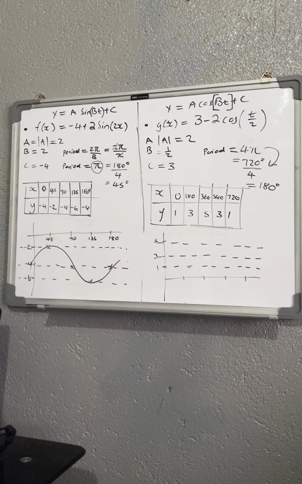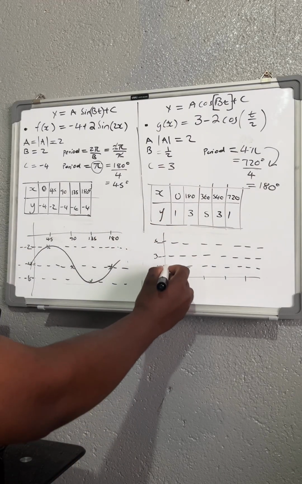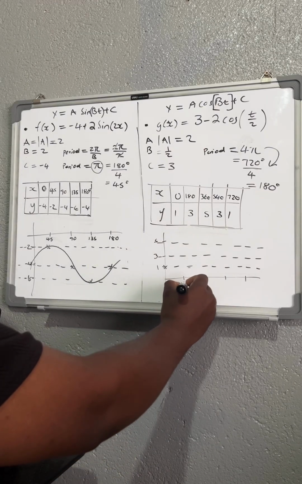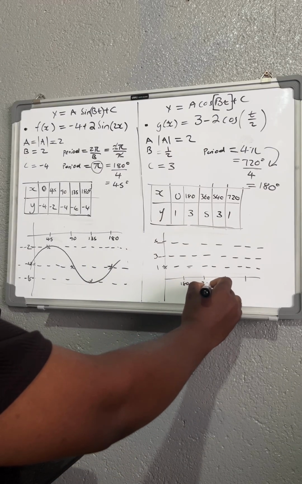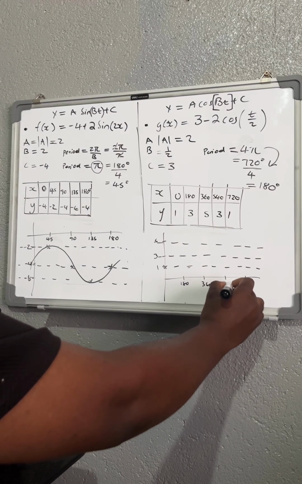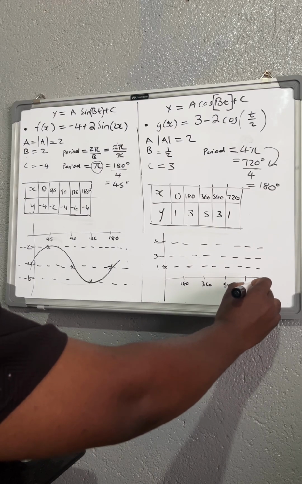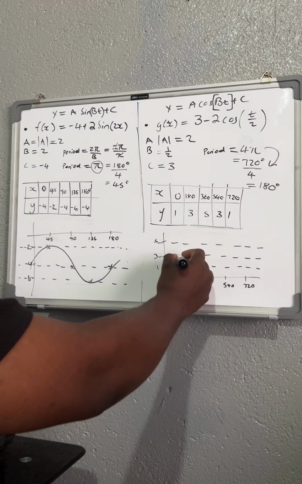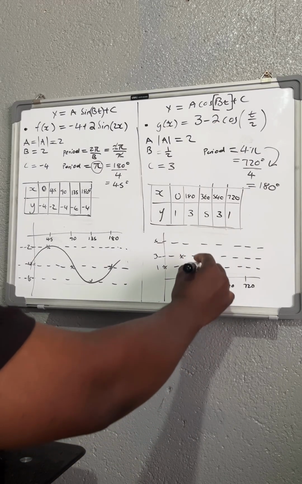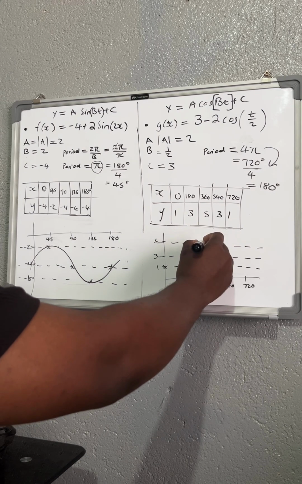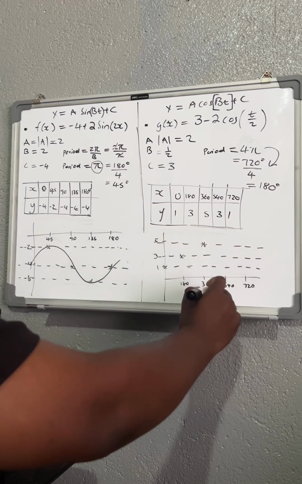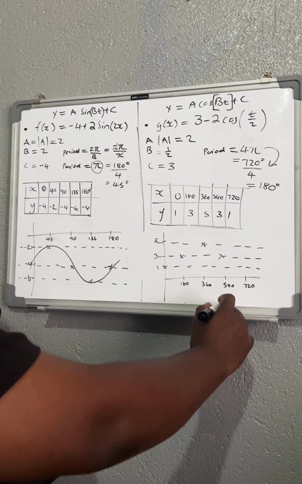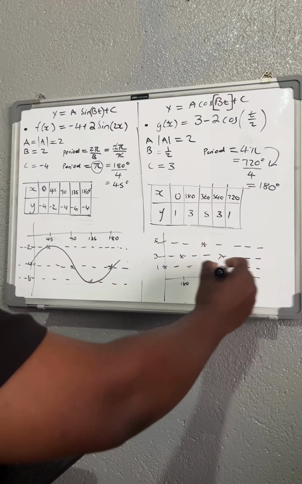When we're having our 0, we have 1. That's this one. Then when we had our 180, then we have that 360, then that 540, then that 720. When we have 180, we have 3, then 360, we have 5, then 540, it comes back to 3, then 720, it comes back to 1.